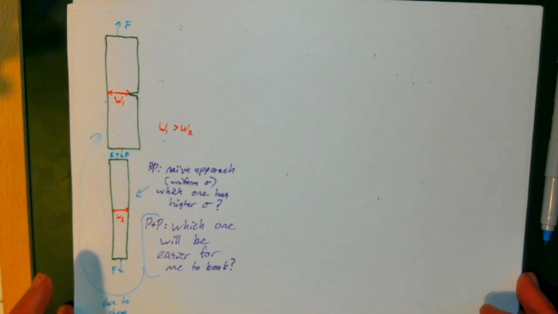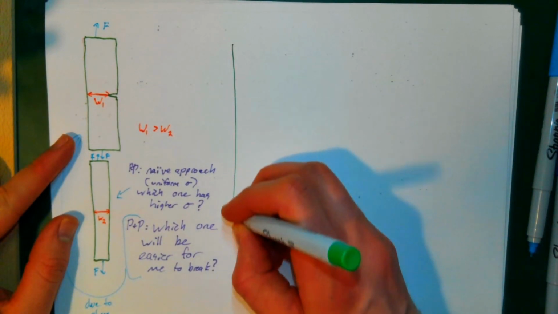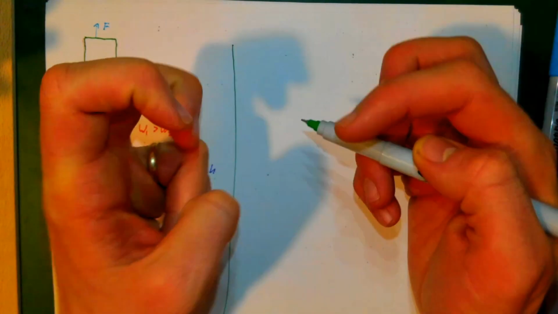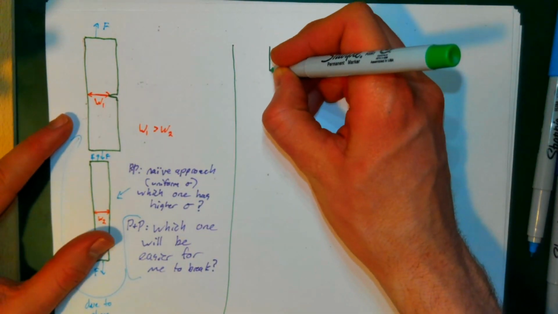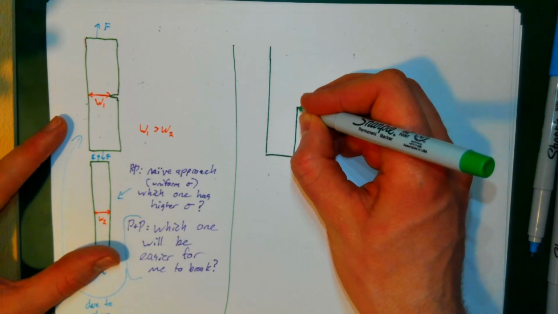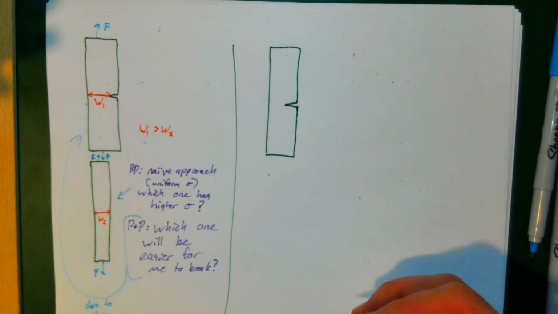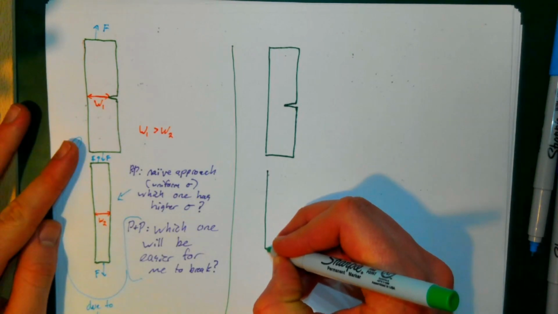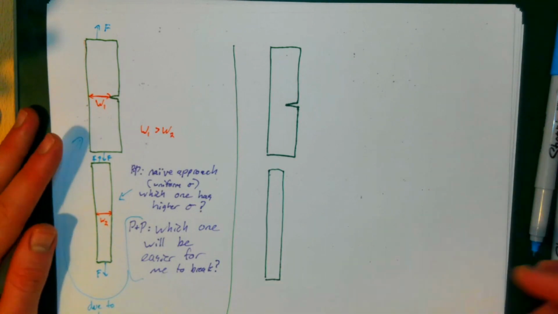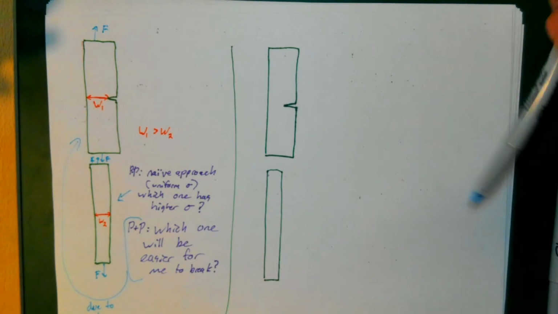So what's going on? Well, let's imagine that you were a magical being and that you could see force, or you could see stress. If you could see stress, then it would reveal what's going on with stress concentration. So in the small one, in the narrow cross-section, there's basically no real place for stress concentrators.